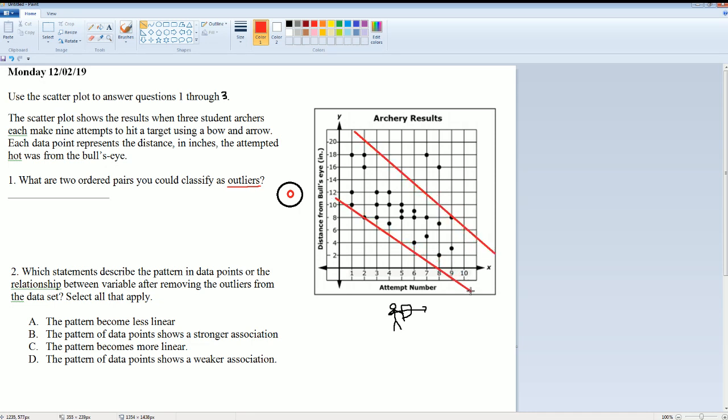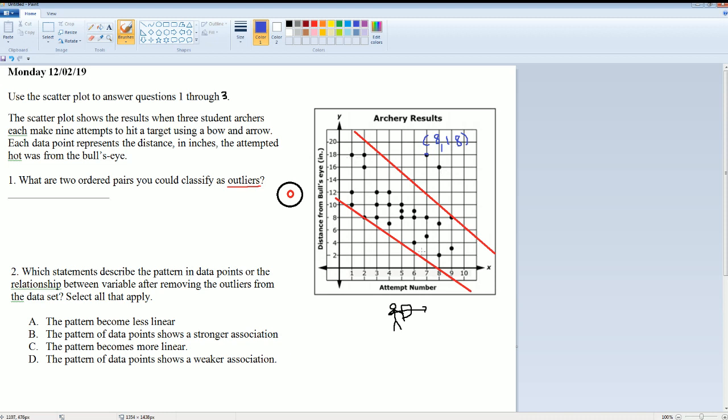Do you see how all of it is mostly in this area? It seems like there are two values here that apparently don't fall in that. They look like this value, the 8 and 18.